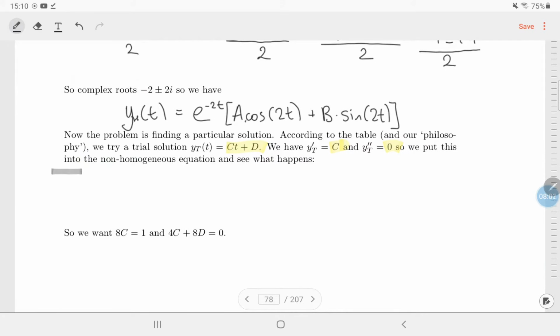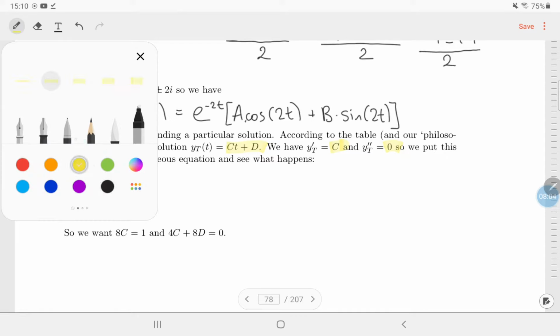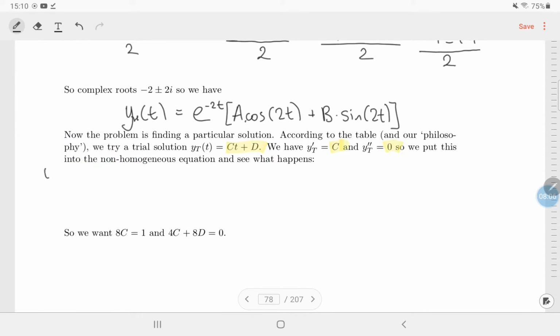We have the second derivative of the trial solution plus 4 times the derivative of the trial solution plus 8 times the trial solution. What do we get? The second derivative is 0. The first derivative is c, plus 8 times the original function that we're trying here, which is ct plus d.